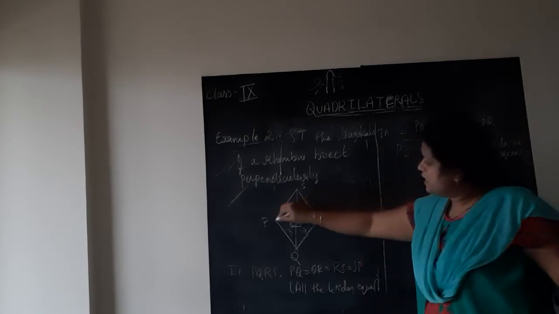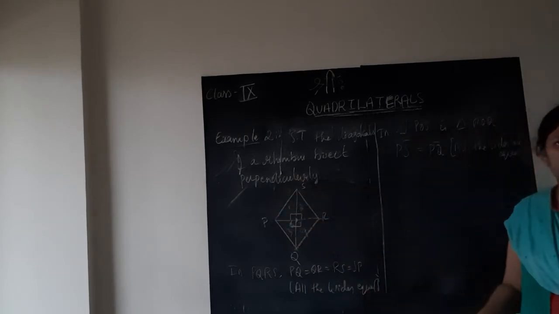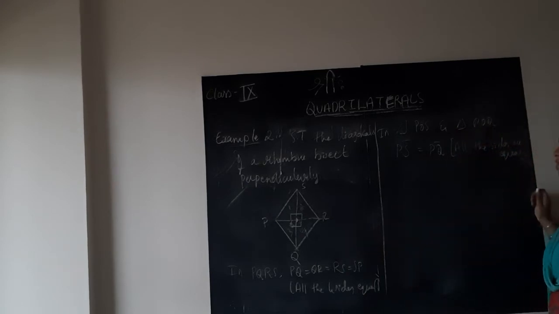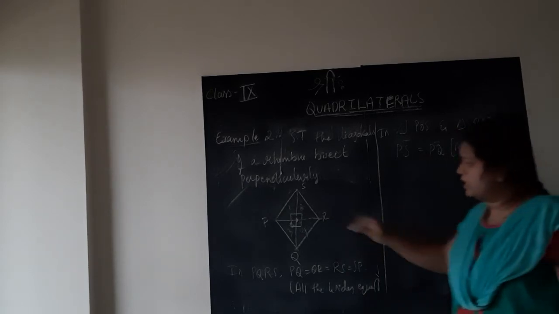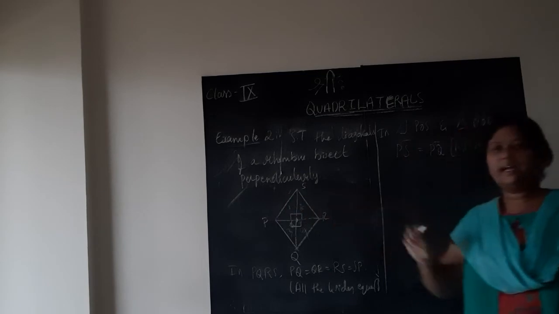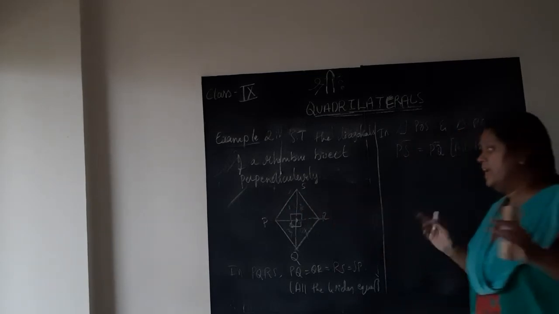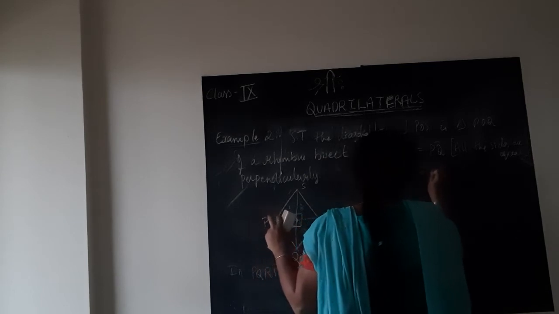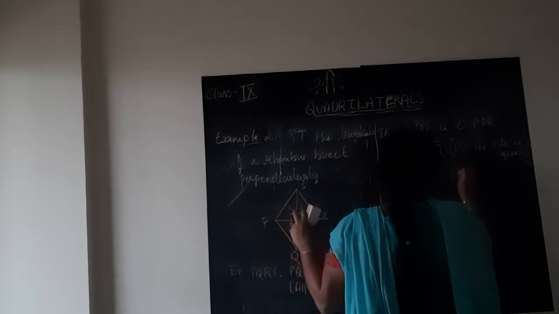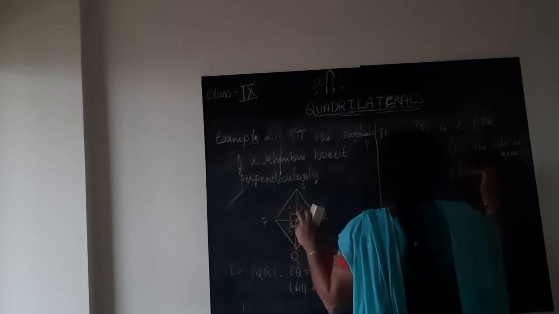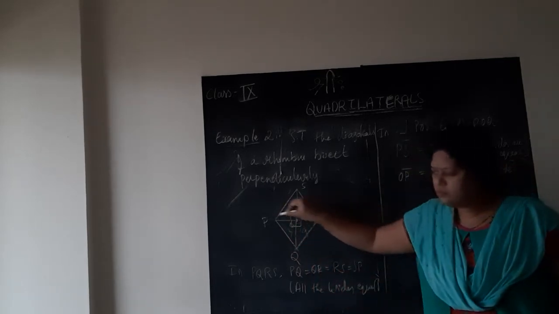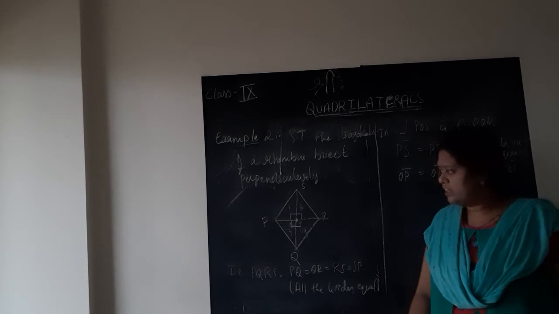What are sides PS and PQ? They are nothing but the sides of the rhombus, so they are equal by the properties of the rhombus. So one side I proved they are equal. Next, OP is equal to OP. Why? Because it is the common side for both the triangles.